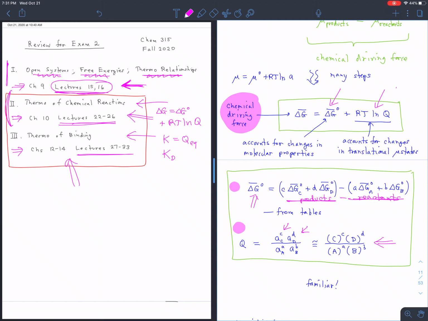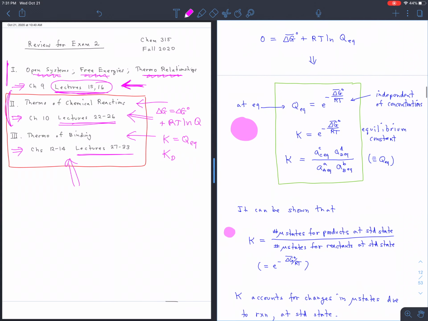This term, of course, is utterly important and plays an enormous role in chemistry. All of the stuff having to do with equilibrium and constants comes from this term, but it's really only accounting for one of the many effects, and that just highlights how important that one translational contribution is to chemistry.